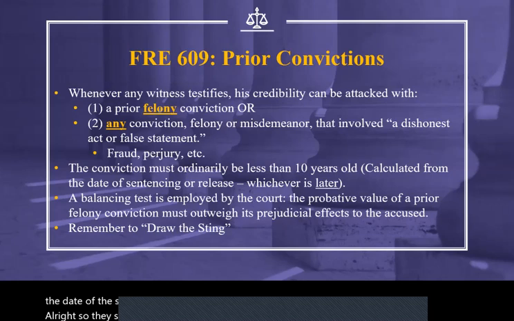Now, that being said, the court does employ a balancing test, right? So the probative value of the felony conviction has to outweigh its prejudicial effects to the accused. So the jury needs to know that this person has been dishonest before, is a felon.